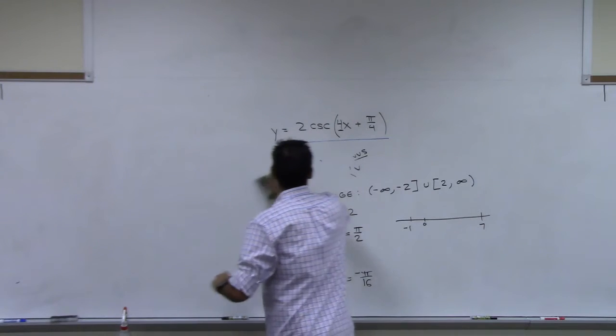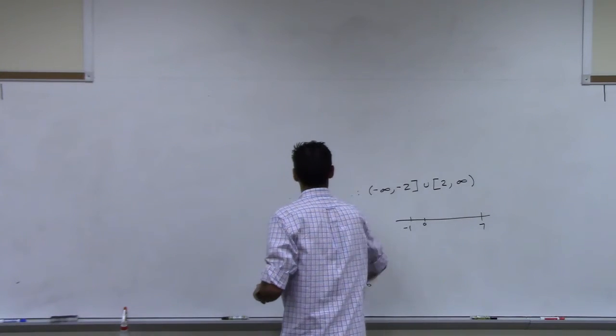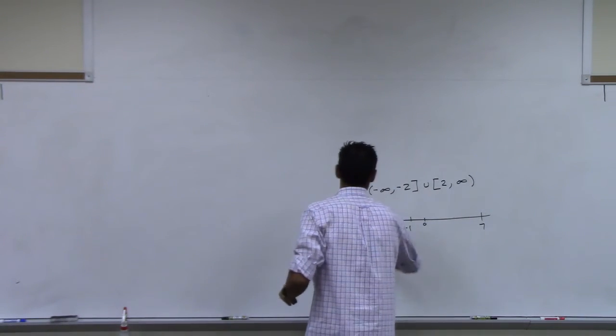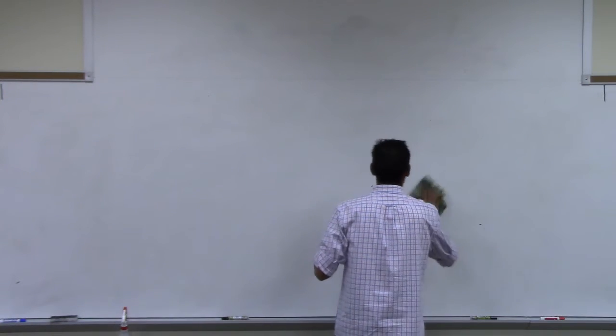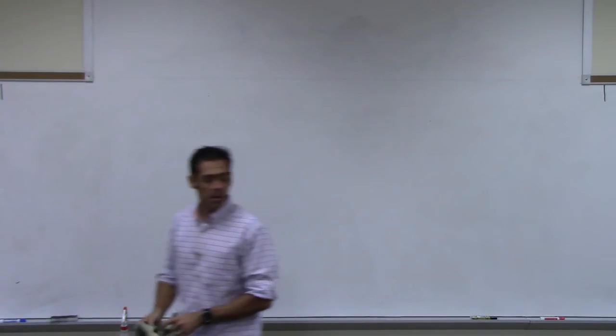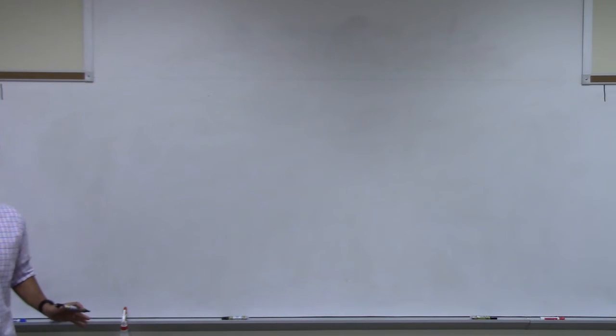Okay, we only have 8 minutes. Anything from your homework is fair game. I was looking at the chapter review and looking at what to me is important. That problem right there is an important problem.